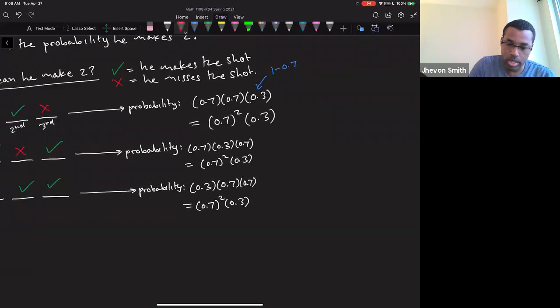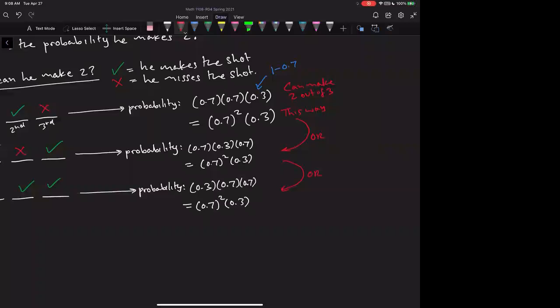So he could make 2 this way, or this way, or this way. There's 3 ways.